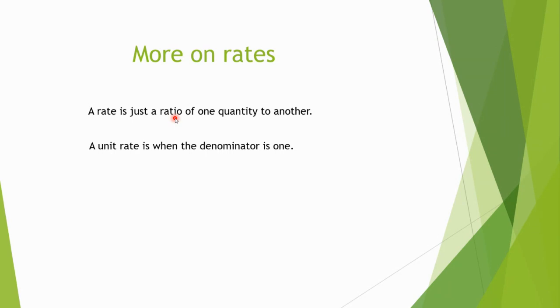And even with apples, $2.19 per apple, or $2.19 per pound, those are unit rates. If you had something like, in the store, $3 per 2 pounds, that would not be a unit rate.